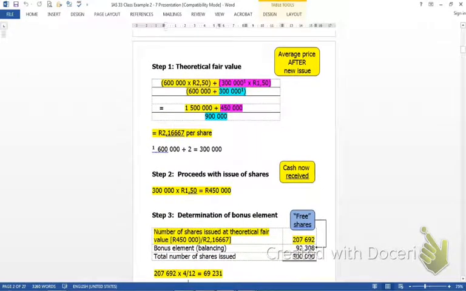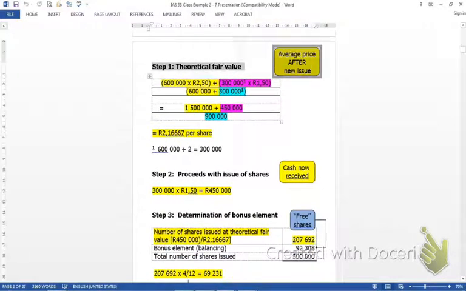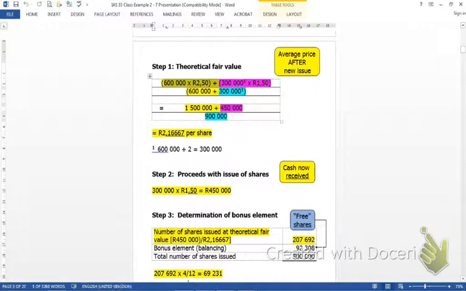The first step was, as we saw, theoretical fair value. And the first part of that calculation is to calculate, there in the yellow, the current number of shares in issue, 600,000, at their current fair value of R2.50. We add to that the 300,000 shares that are newly issued at R1.50.